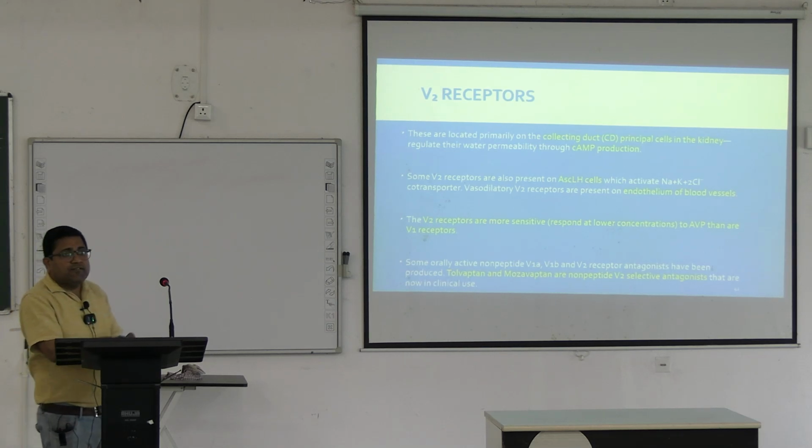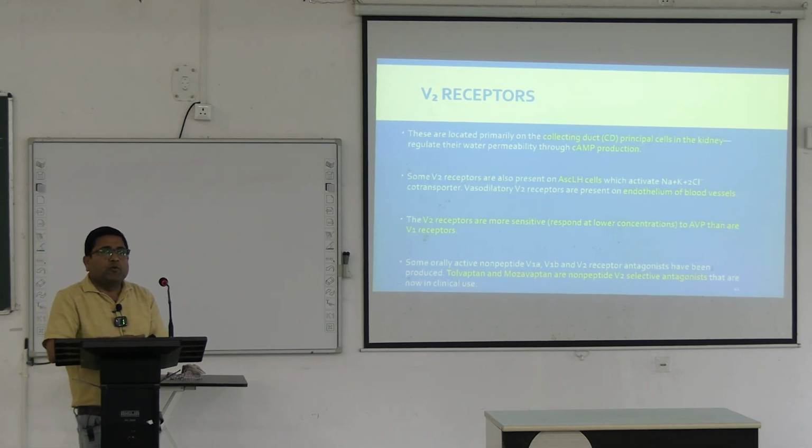The V2 receptors are more sensitive to vasopressin than V1 receptors. So, at a very low concentration of vasopressin in the body, V2 receptor action will be more seen. But at a higher concentration of vasopressin, the V1 action predominates. Okay.